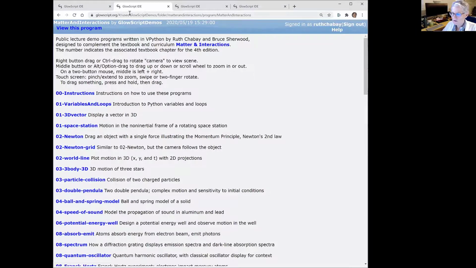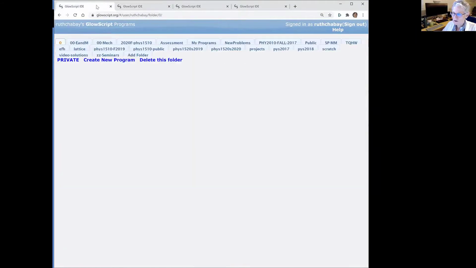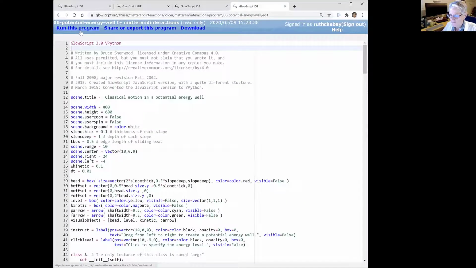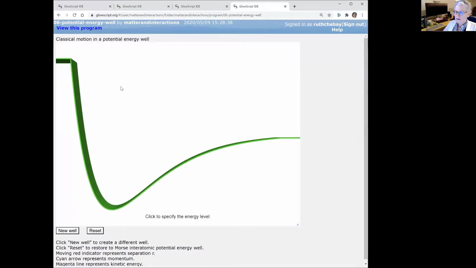But here's a different one. Here is a potential energy curve where, again, the y-axis is energy and the x-axis is separation of something. And you can imagine a mass on a spring if you want.